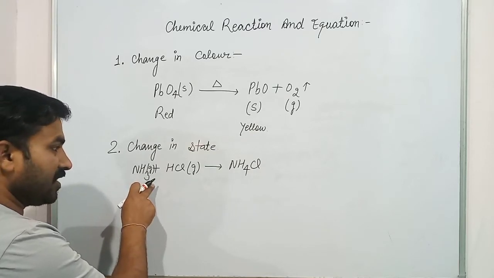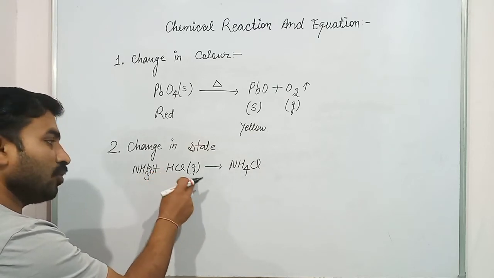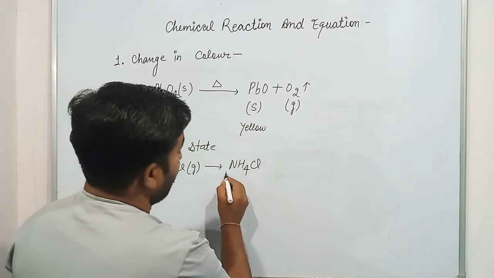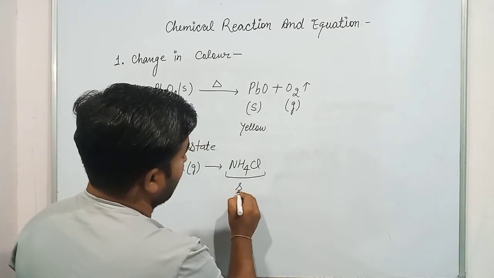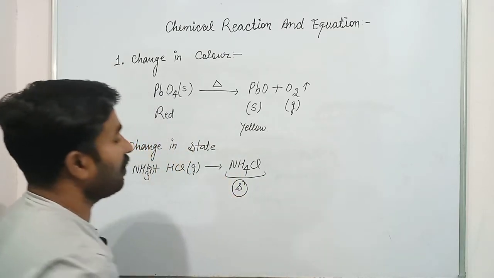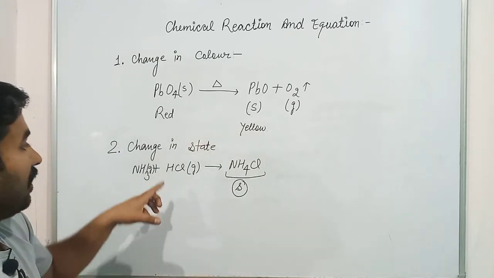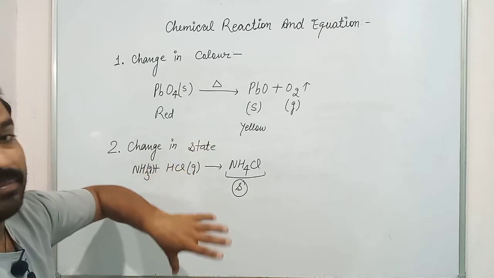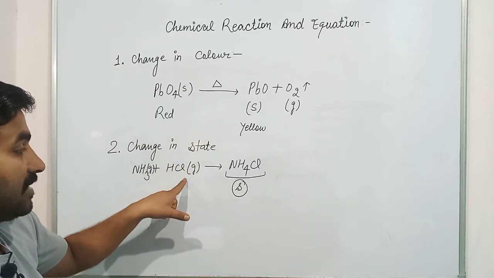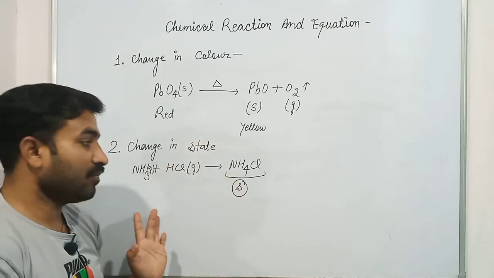Ammonia is in gaseous state, HCl is also in gaseous state, but we get ammonium chloride, which is in solid state. So we can say that in some chemical reactions, the state of matter will be changed. Gas converts into solid state.